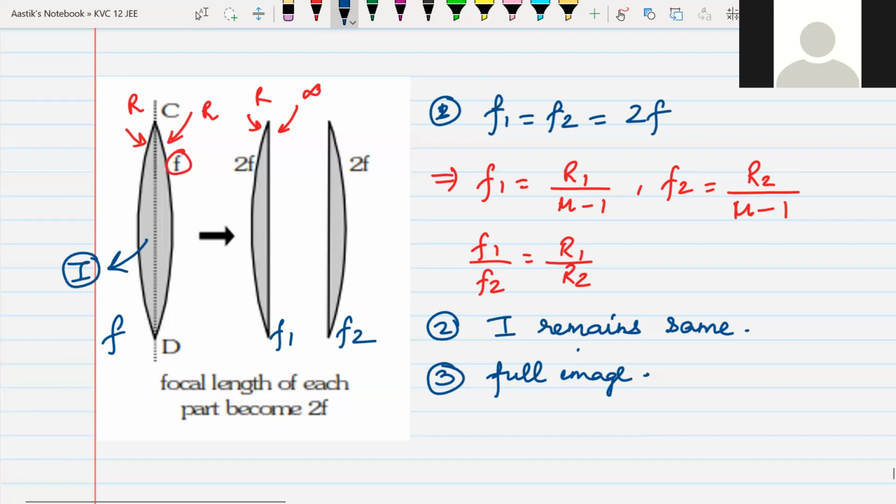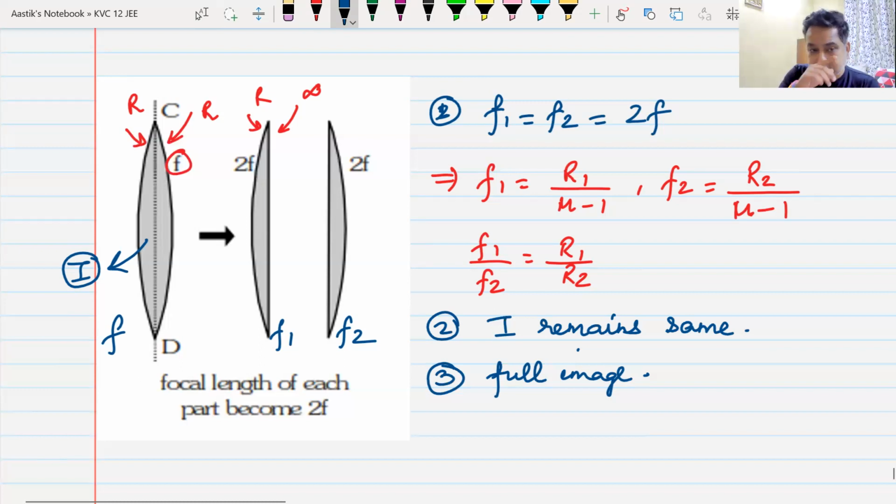Second point, I have cut it along the optical axis. Let me know once you are done.